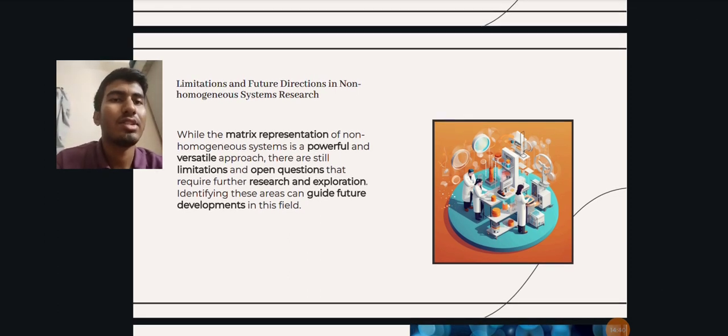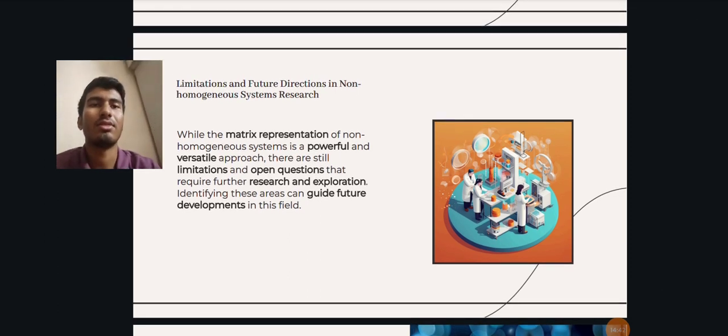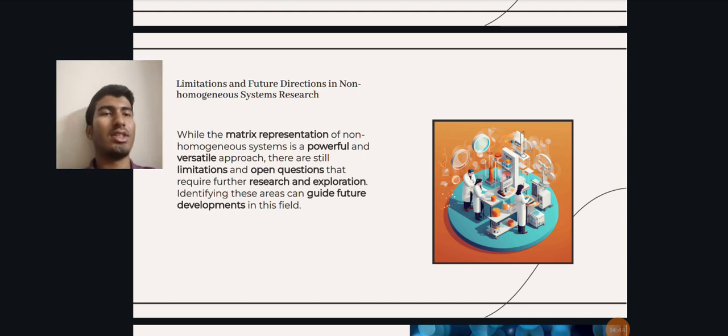Limitations and future directions in non-homogeneous systems research. While the matrix representation of non-homogeneous systems is a powerful, versatile approach, there are still limitations and open questions that require further research and exploration.